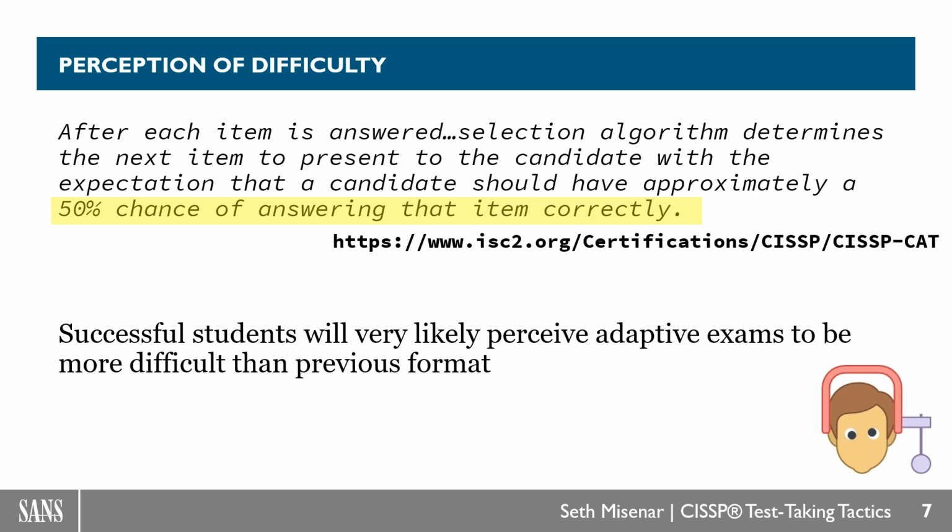And so the reason I mention and emphasize this is that successful students, folks that are going to just kill the exam and do really, really well on it, you're going to feel like it's harder than it should be. I've had a lot of folks reach out to me afterwards and they're like, oh my gosh, I felt totally underprepared, it was crazy how hard it was. I'm like, well, did you pass?